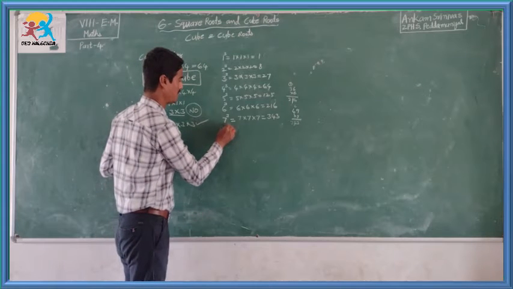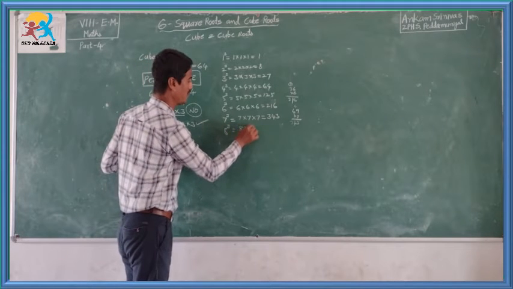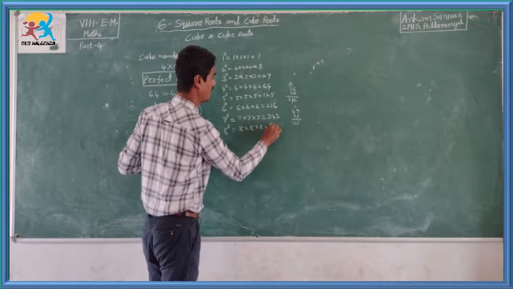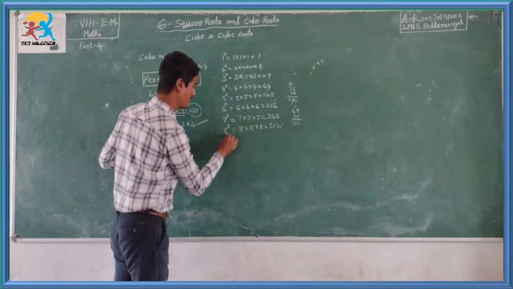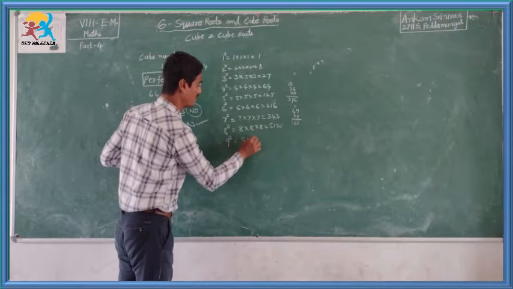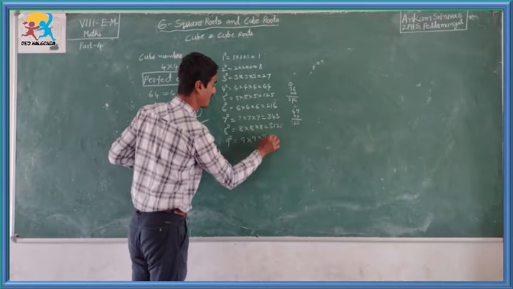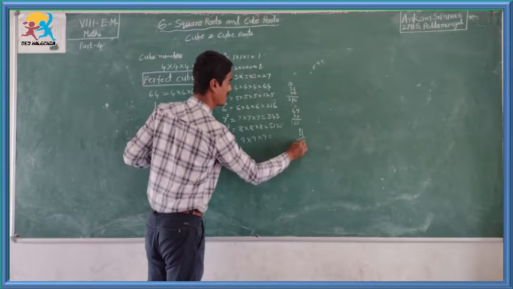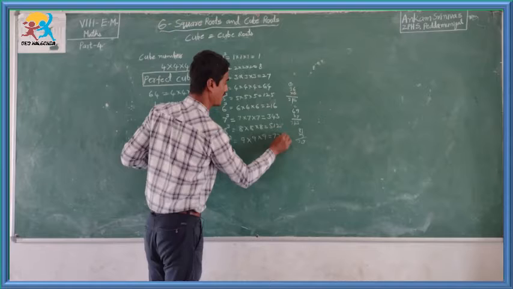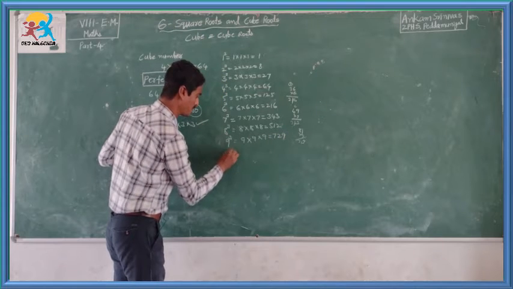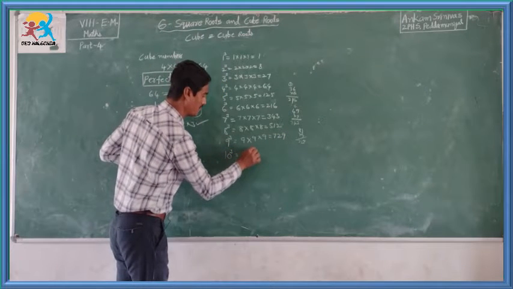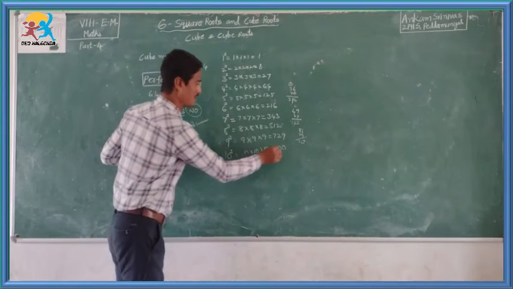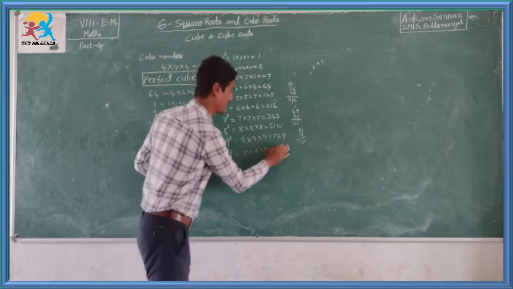And 8 cube is 8 into 8 into 8, and we get 512. 9 cube, 9 into 9 into 9. 9 nines are 81, 81 nines are 729. And 10 cube, 10 into 10 into 10, 1000. So what do you observe here?